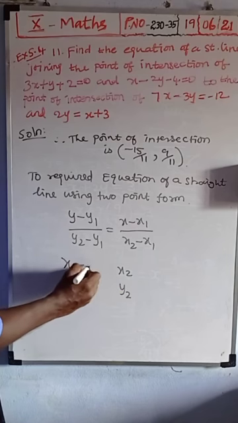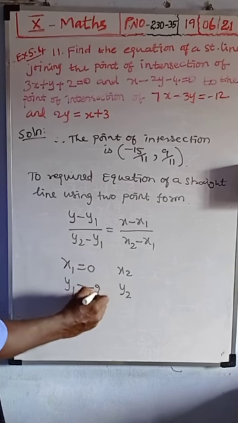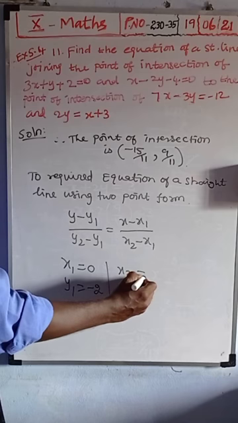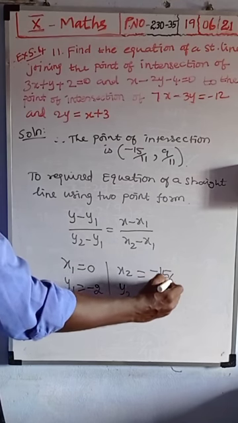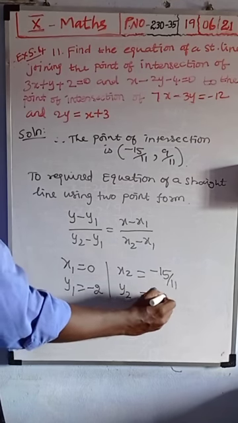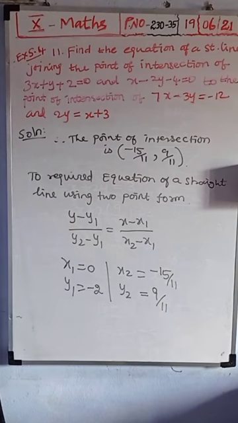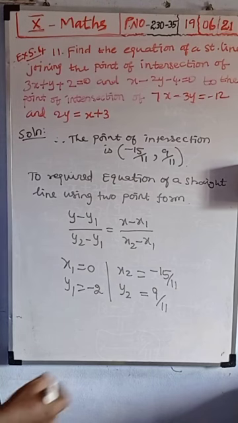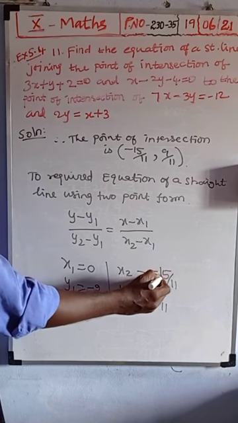First point we received 0 and minus 2. Next point of intersection we received minus 15 by 11, 9 by 11. Okay, so first point we received this only, 0 minus 2. Then x2 we received minus 15 by 11 and y2 9 by 11. Now in this value you should substitute now.